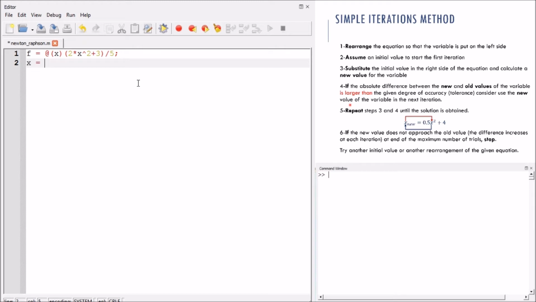Let's say it's 0. Now let's define the value of degree of accuracy, the tolerance. The tolerance, let's say tol, equals to, should be a very small number. Let's say, for example, 1.